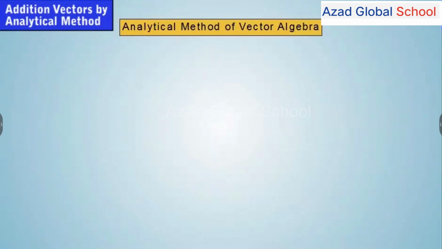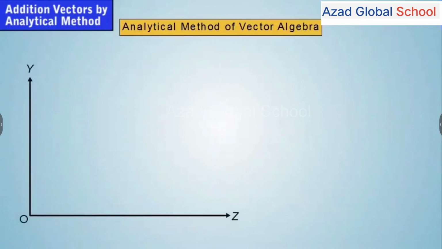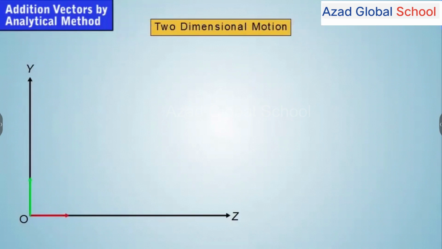Now, let's see how vectors are added by the analytical method. First, we will discuss vector addition for two-dimensional motion. You need to resolve the given vector along i and j only. Now, consider a vector A on the xy plane.